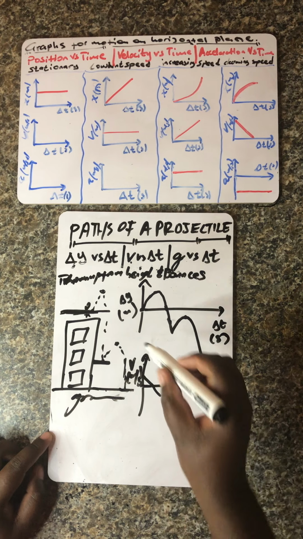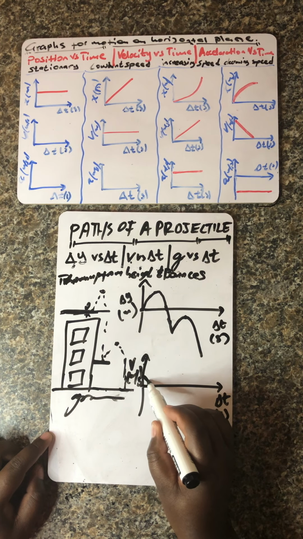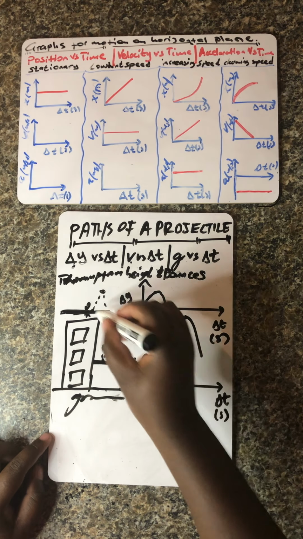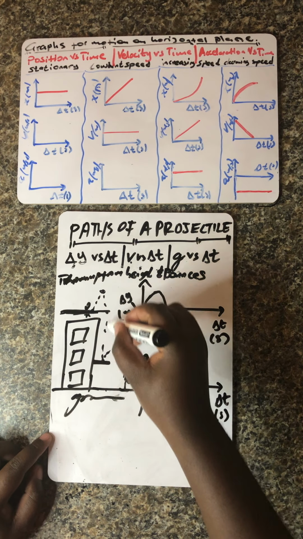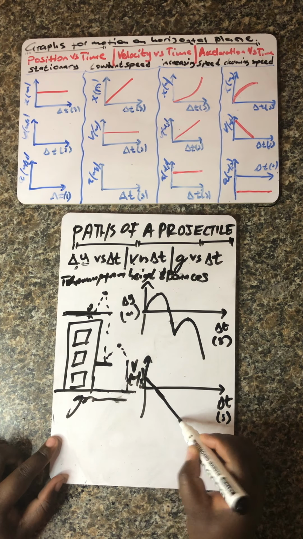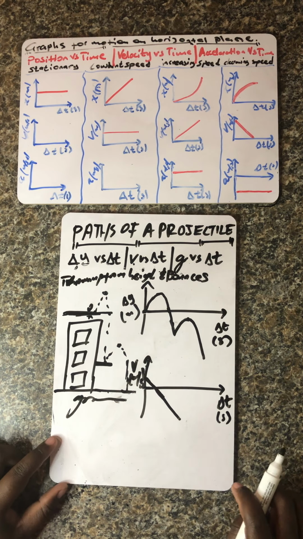Then we just extend the line, a straight line. It has to be a straight line, guys. You extend the line up to that point over there. So when it gets to that same level, it continues going down. So we also extend the line. Okay, very, very much important, ladies and gentlemen.